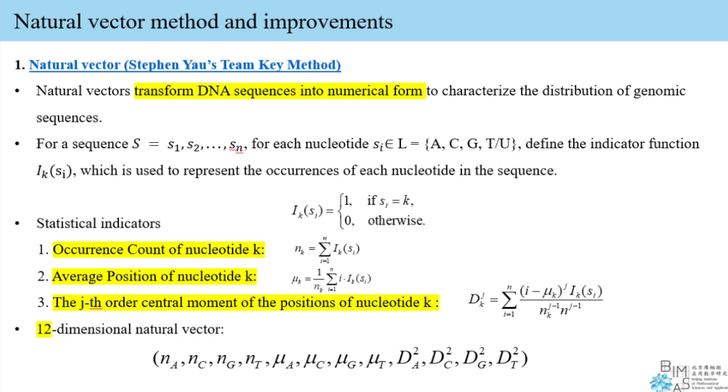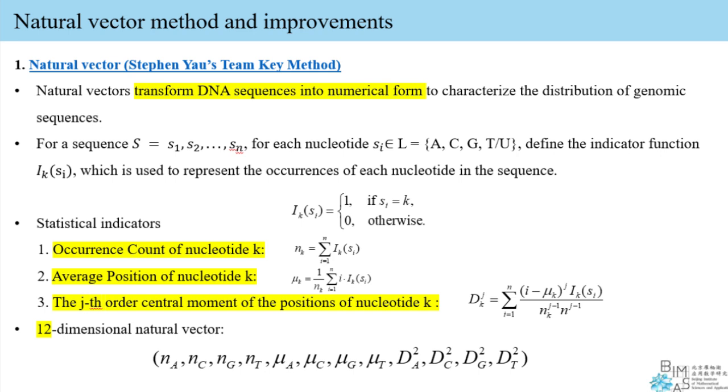For ACGT, this count has 4 dimensions: how many A, C, G, T. Then we can get the average position, like a mean: A appears here, here, here, so what's the average position? This tries to capture the characteristics of the sequence, so that's another important 4-dimensional feature.